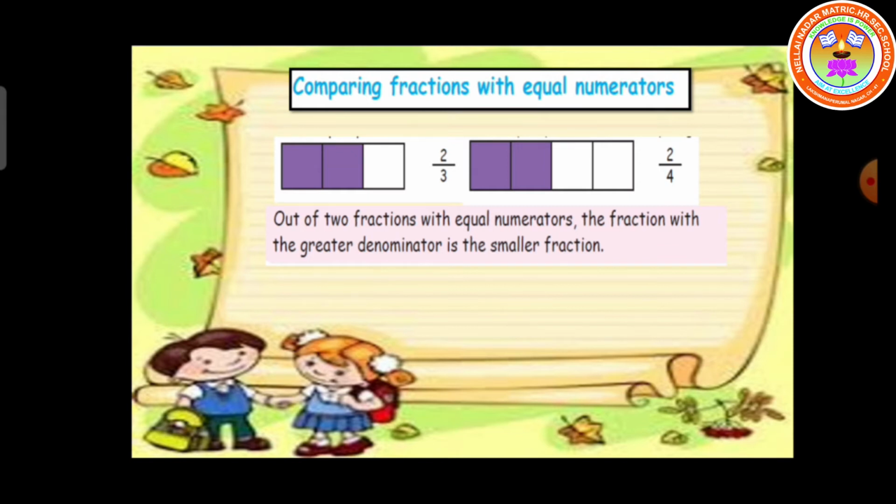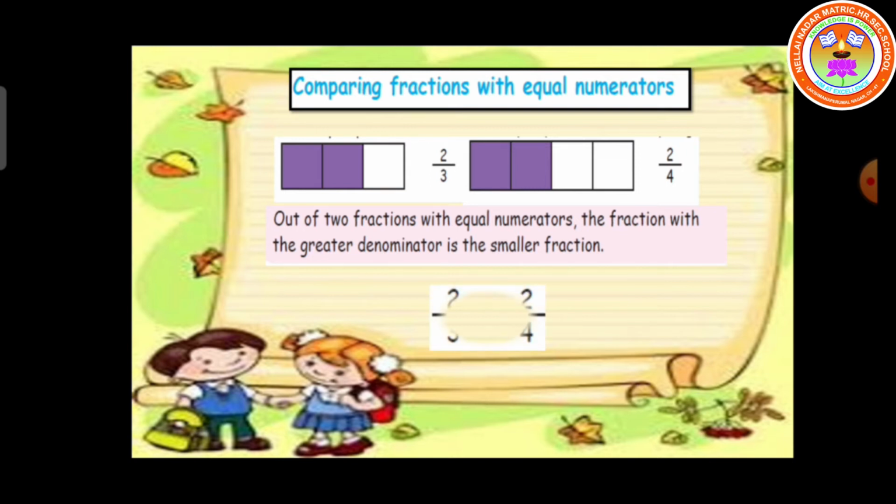Out of 2 fractions with equal numerators, the fraction with the greater denominator is the smaller fraction. Is it clear, students? When we compare equal numerators, we must take the fraction having the greater denominator, that will be the smaller fraction.